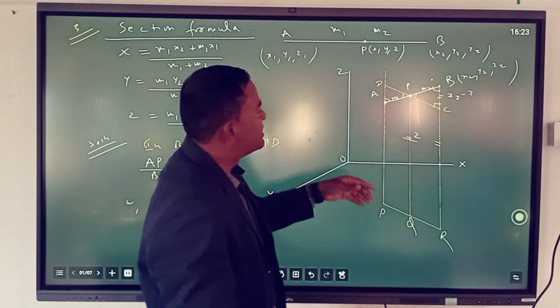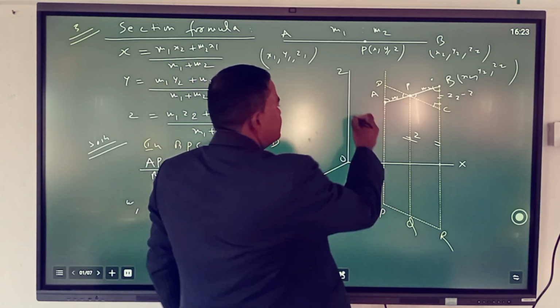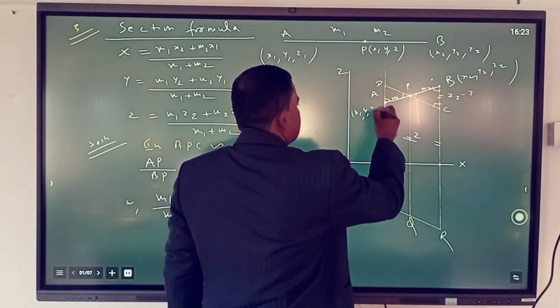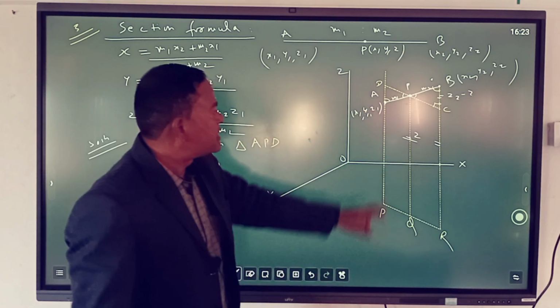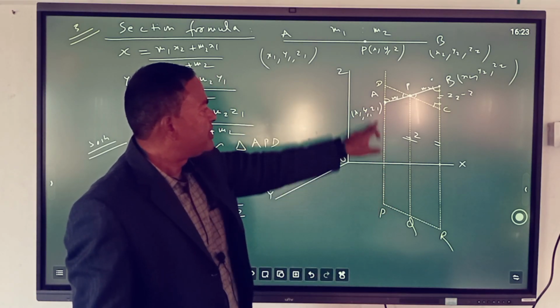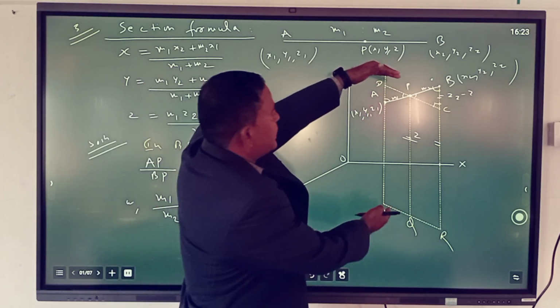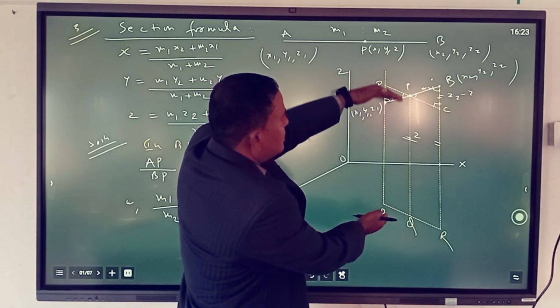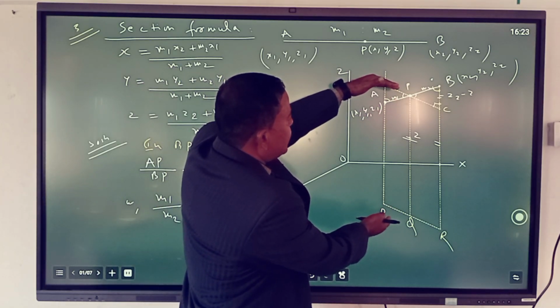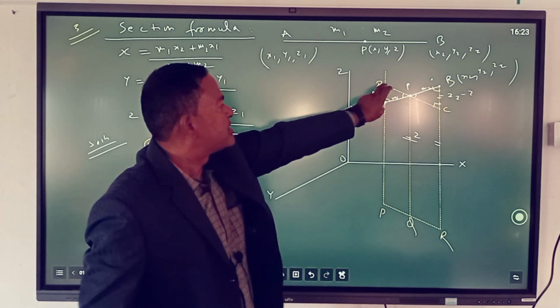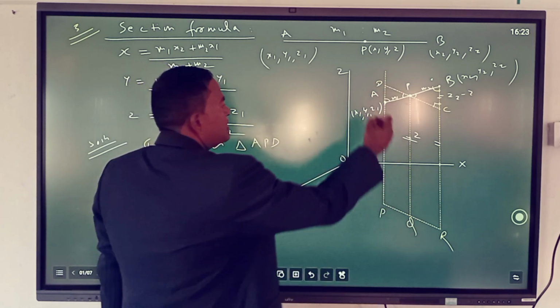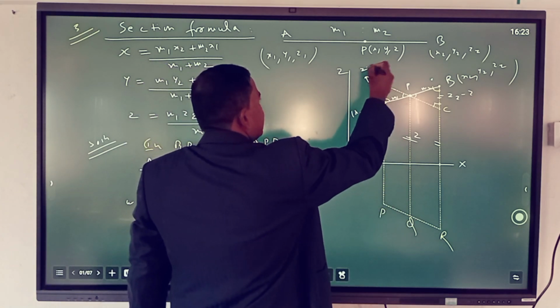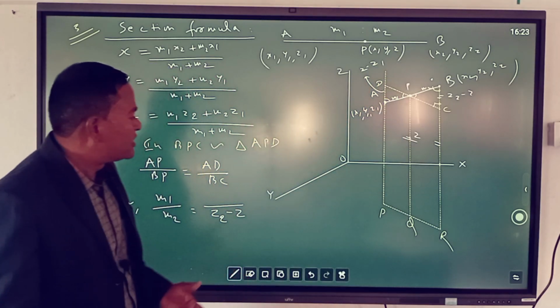Both will be equal to z. And we know that AP is z₁. So from z, if we subtract z₁, then the measure of AD will be z minus z₁.